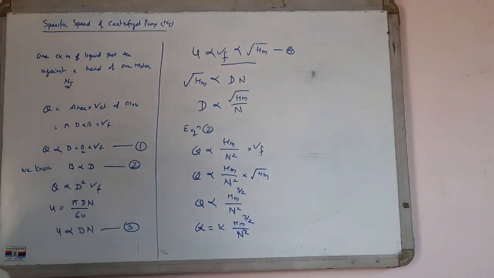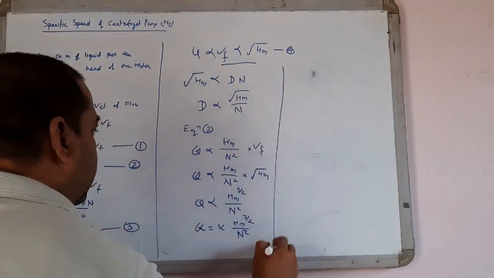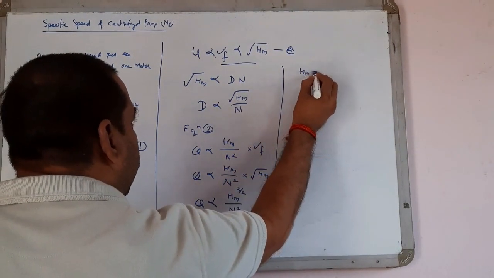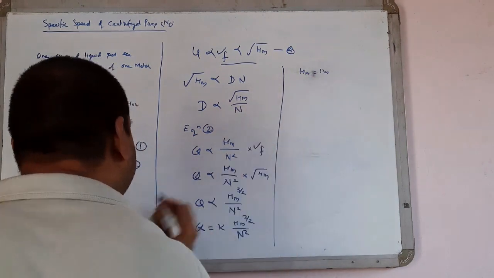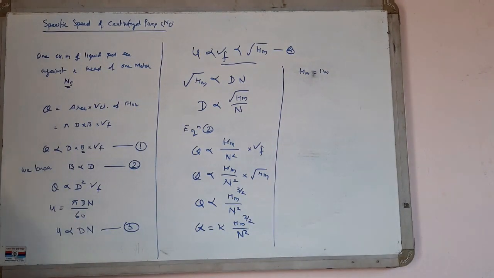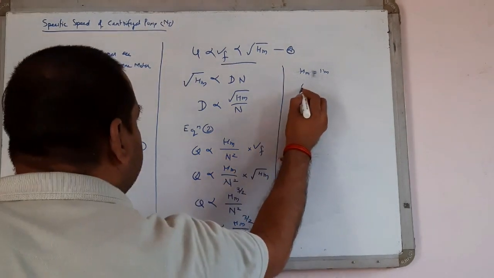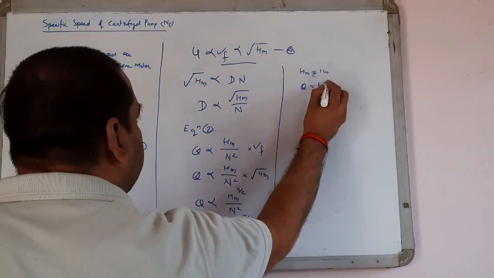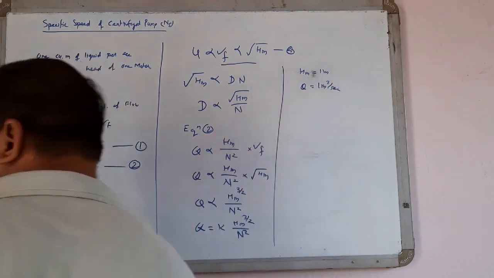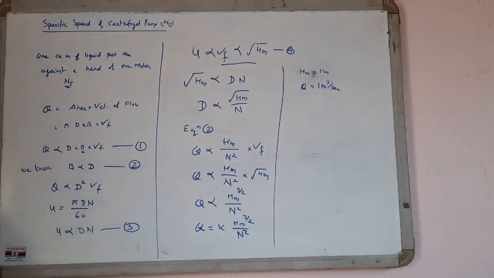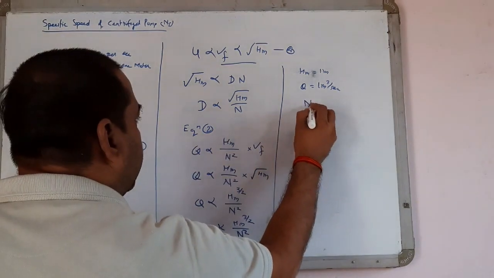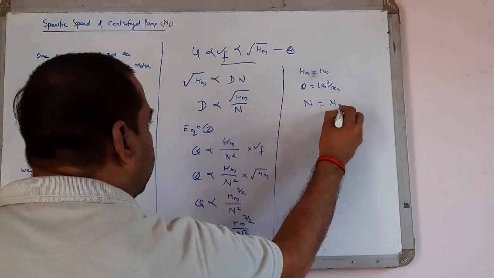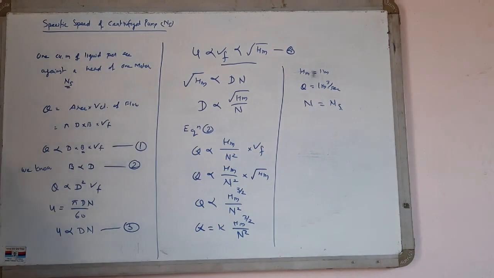If Hm equals 1 meter and Q equals 1 meter cube per second, at that time N becomes NS, the specific speed.